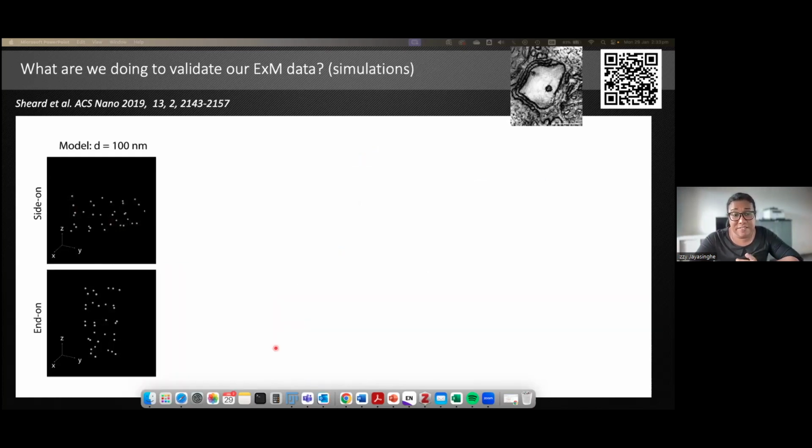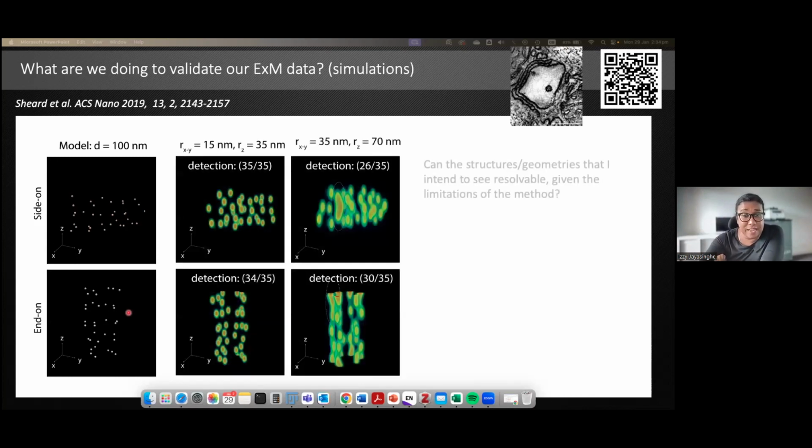Another approach that we have taken is to simulate the structures that we're interested in. In the optimistic scenario, if this is the level of resolution that we can achieve, and this is how much the point spread function is shrunk in the sample, can we simulate and observe the structures that we're seeing? These are those curved clusters of ryanodine receptor.